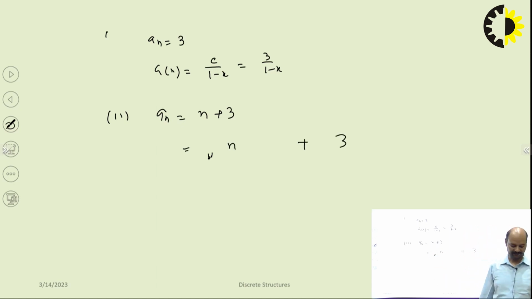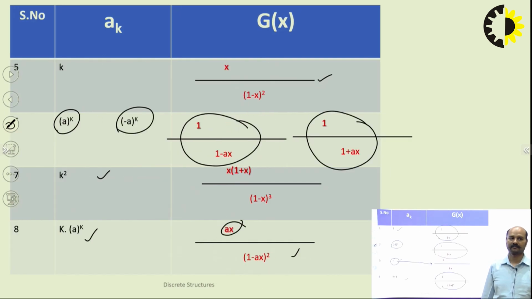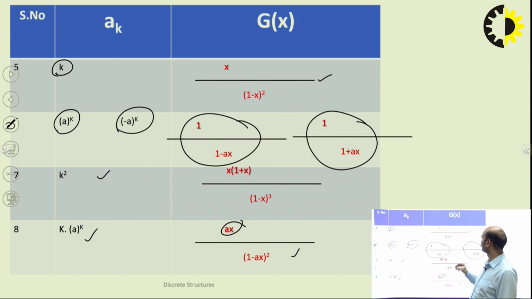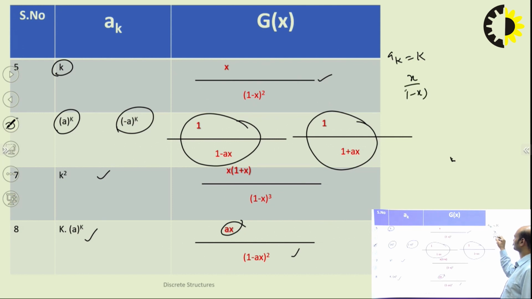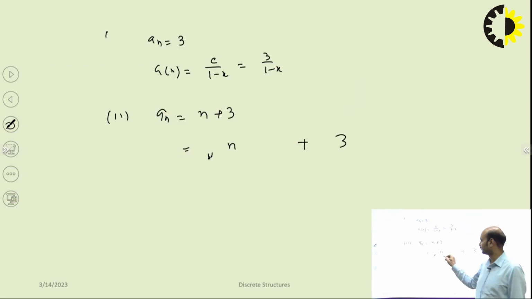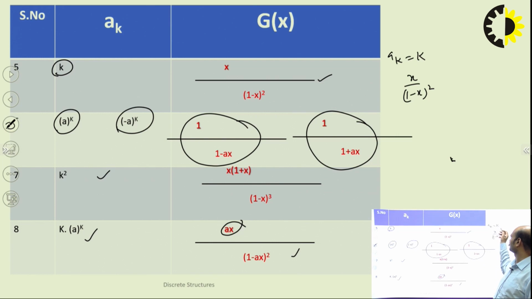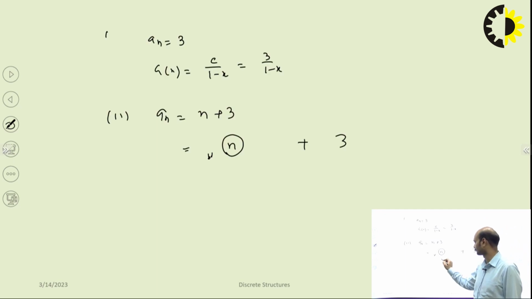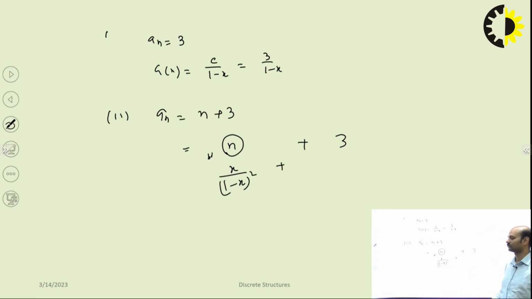For n, we use formula number 5: if a_k is equal to k, then the solution is x upon (1 minus x) whole squared. So we use that, x upon (1 minus x) whole squared. And for the coefficient 3, the solution is 3 upon 1 minus x.